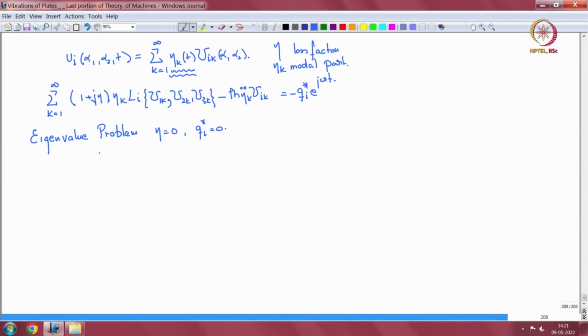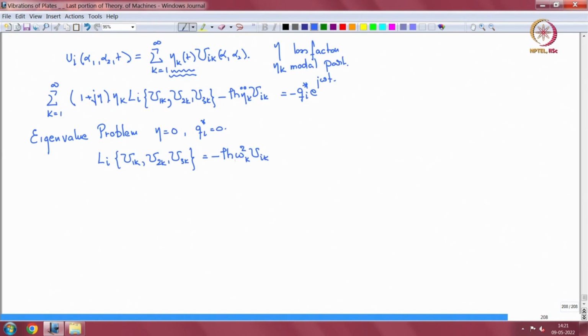We have L_I working on each modal component gives me minus rho h omega square k u_ik. We have seen this has been the crux of all simplifications.